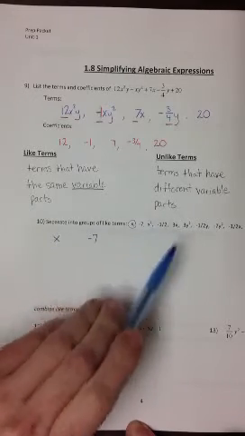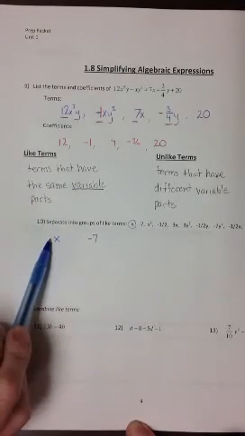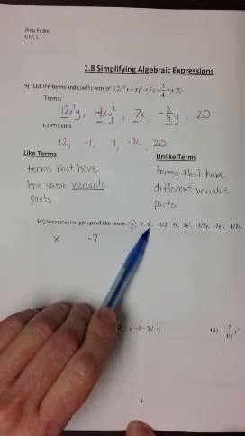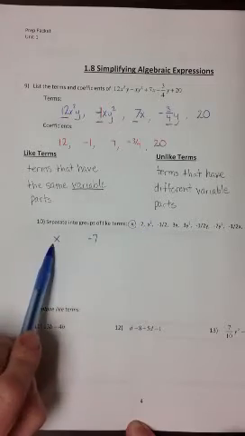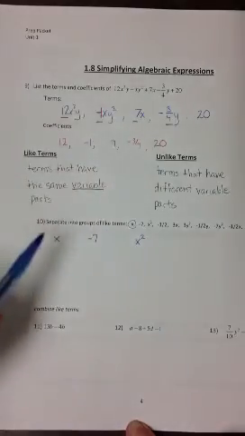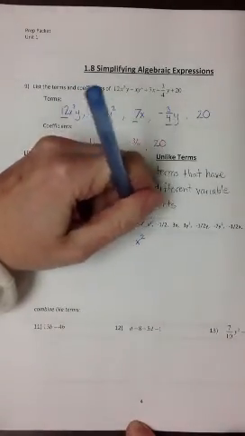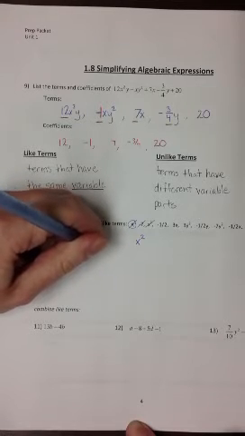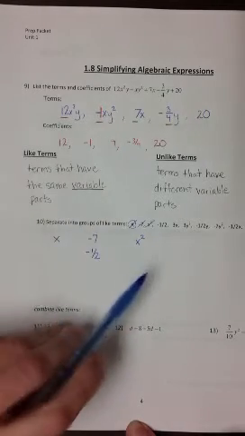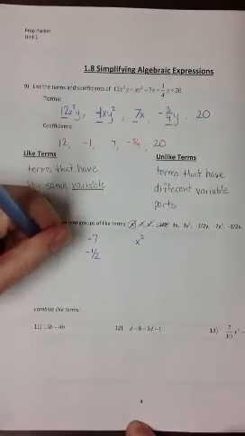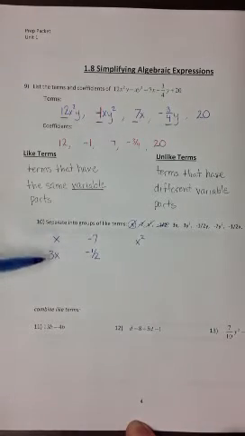X squared is not the same as an x, because remember, x squared means x times x. So this term has 2 x's in it, whereas this one only had 1. So x squared is going to start another column for us. Negative 1/2 can go on the list with the negative 7, because it's also a constant. 3x can go on the list with x, because the variable parts are both an x only.